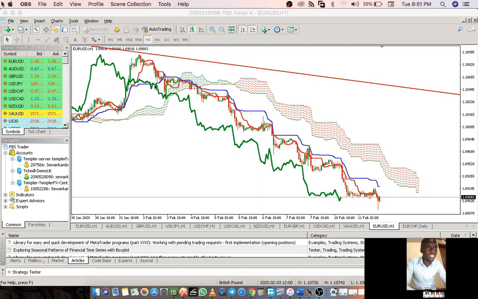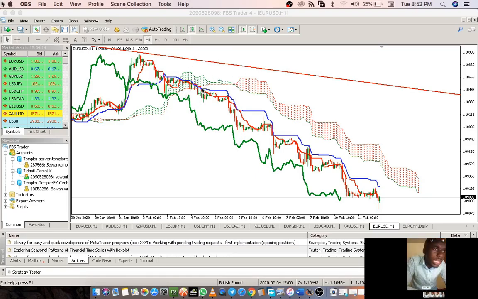Say for instance, by the time this line crosses, the Ichimoku will already be showing you that truly there is a resistance, or that it's now working as a resistance, because these candles would also have crossed this cloud. So the two of these are confirmed and we are going in for a sell.